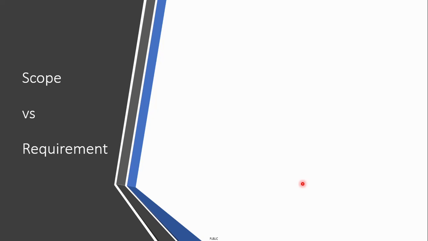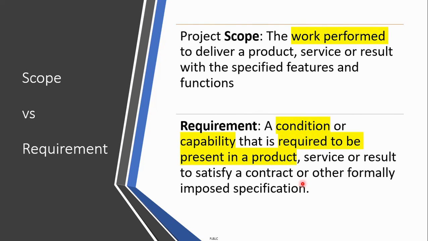Let's try to understand the difference between the scope and the requirements. The project scope is the work performed to deliver the product or service, and or the result with the specified features and functions.